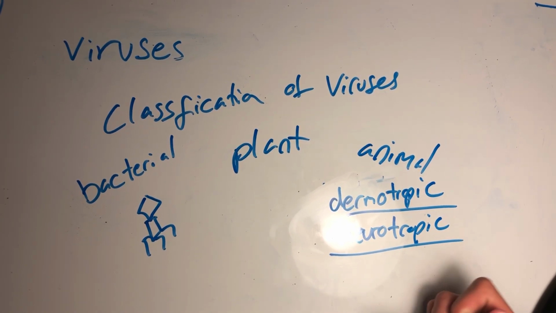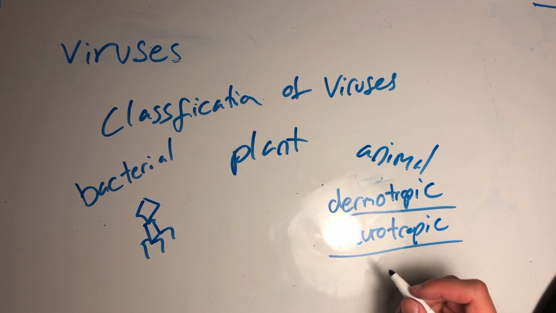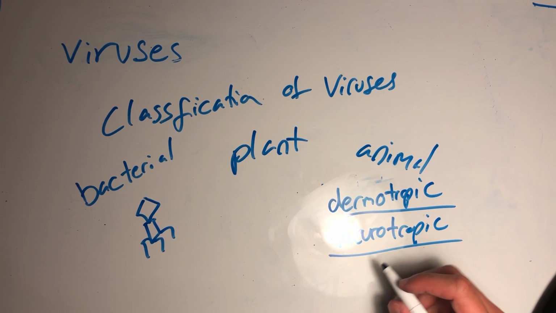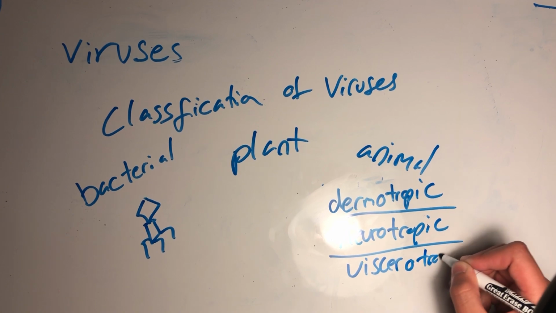I guess neuro, like brain tissue, perhaps. Or if they attacked nerve tissue, that would be a viscerotropic.